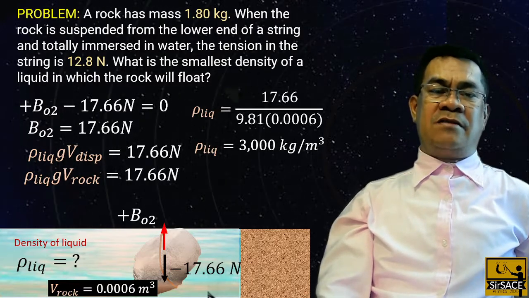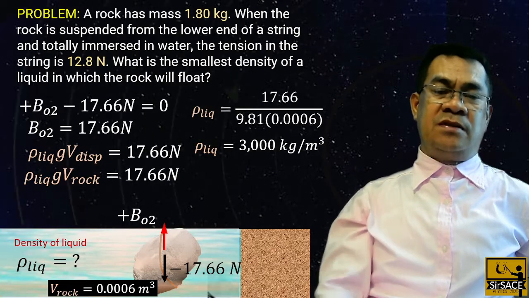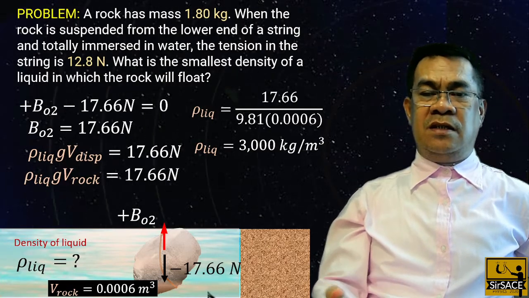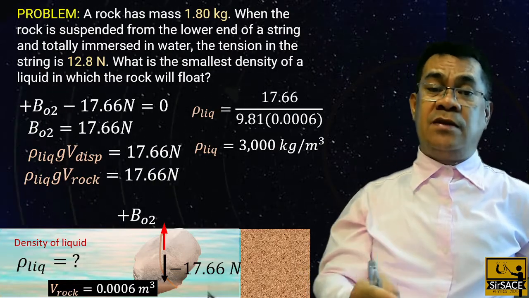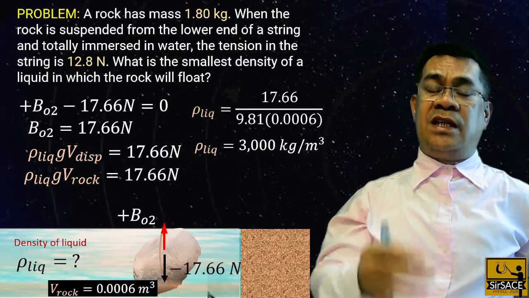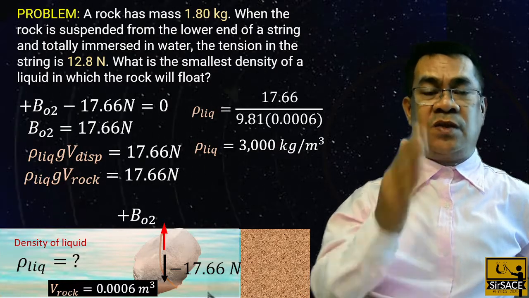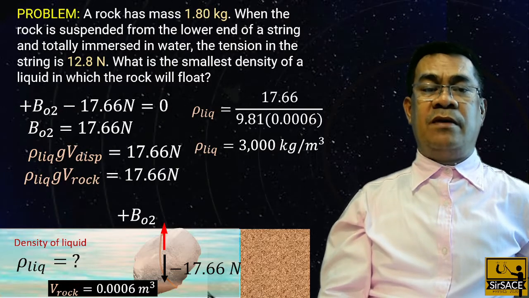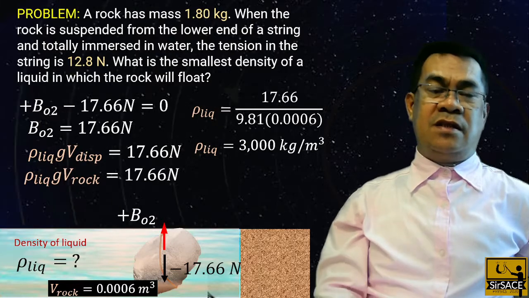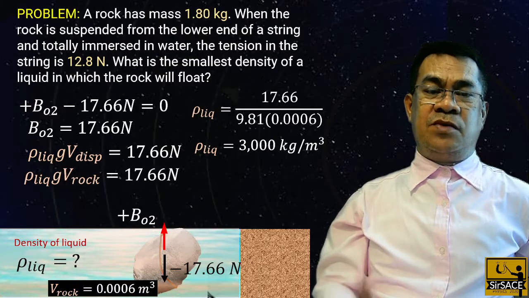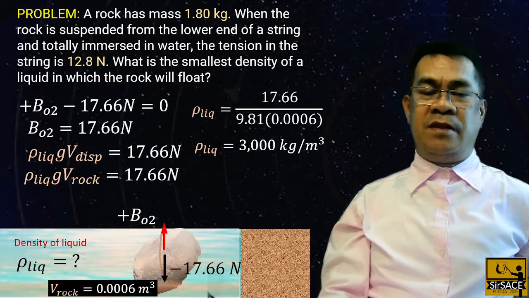Okay, analyze the result. Is it possible that the stone will float in the liquid? Yes, theoretically the stone will float in a liquid that has a density of 3,000 kilograms per cubic meter. Now take note, do we have a liquid that has this density? Would it be possible to have it?